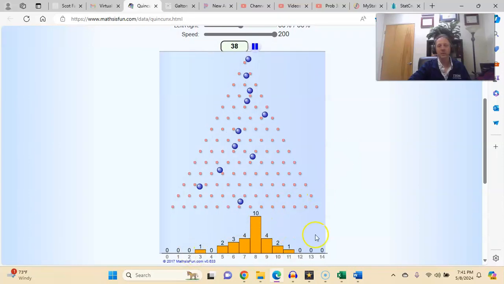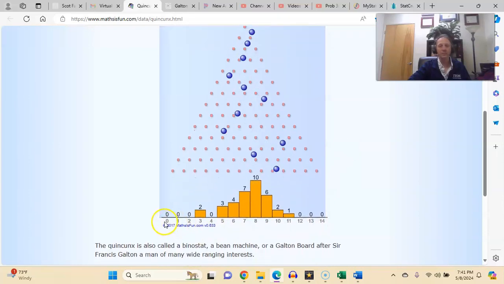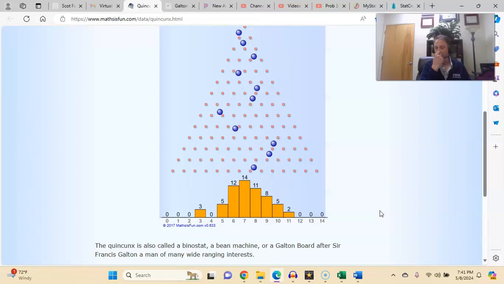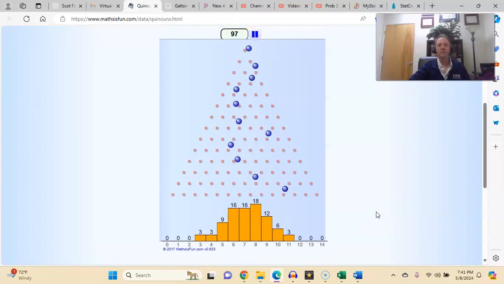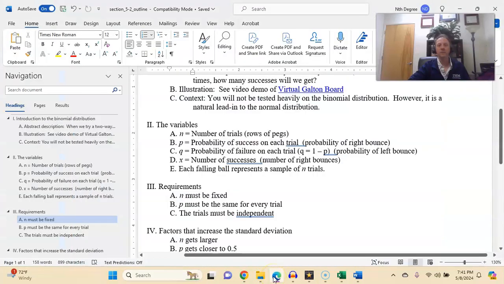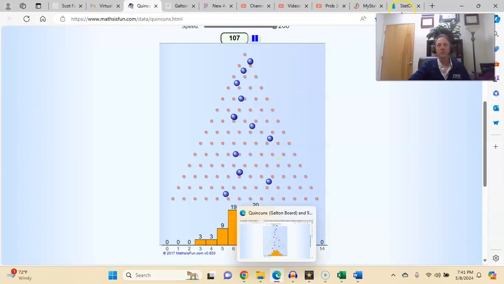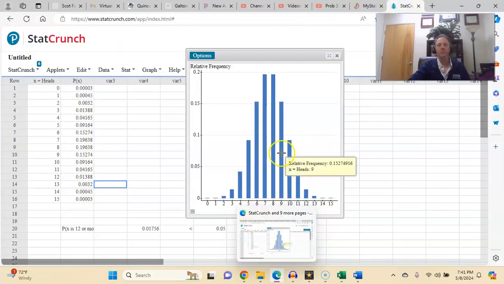And down here, we're keeping track of how many of them turn up 0 heads, 1 head, 2 heads, with a maximum of 14 heads. What kind of a shape do you think we're going to get? Well, I'll bet you can guess that we're going to expect a shape a lot like this one.